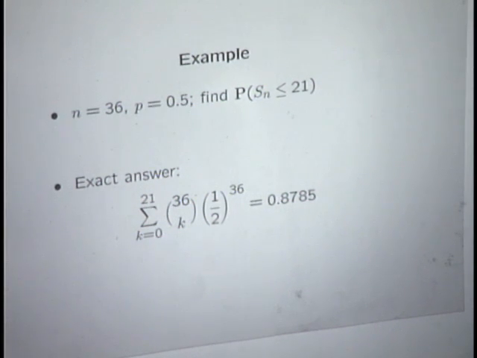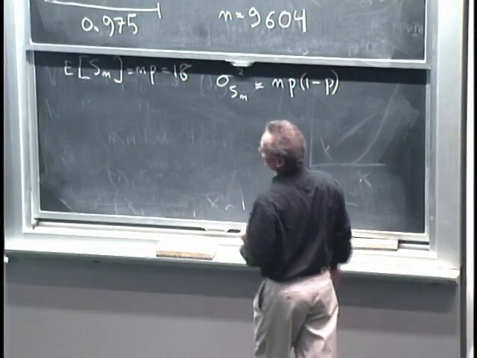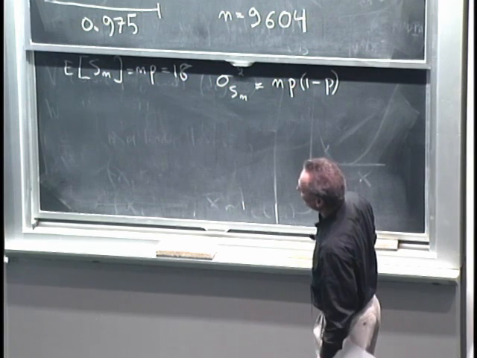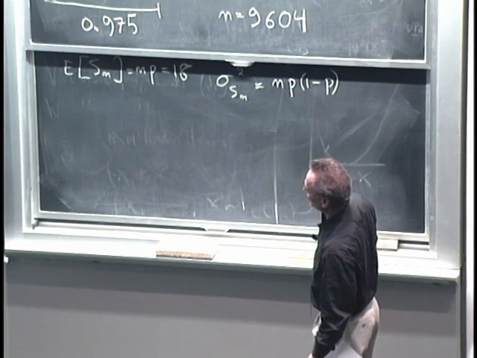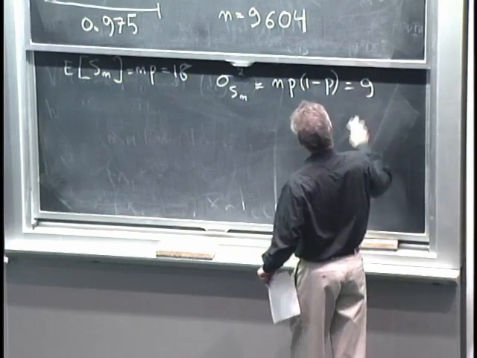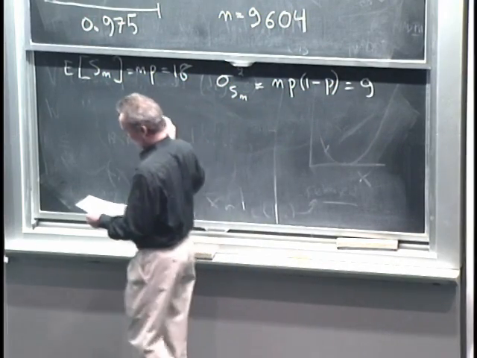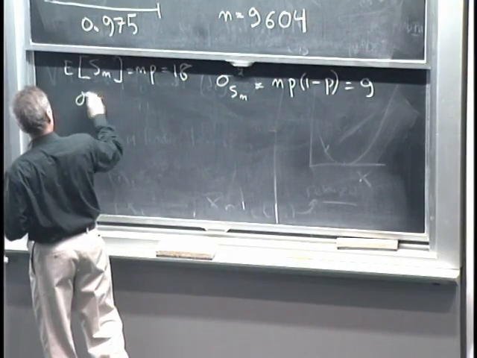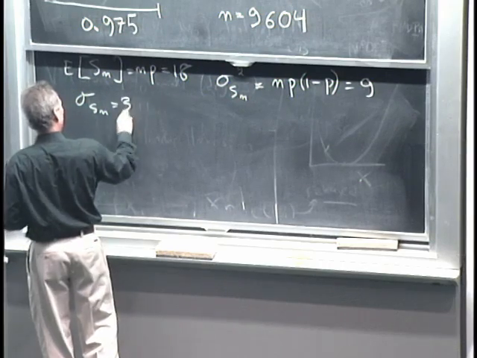The variance of Sn is the sum of the variances. It's np(1 minus p). In this particular example, p times 1 minus p is 1/4, n is 36, so this is 9. That tells us that the standard deviation of Sn is equal to 3.